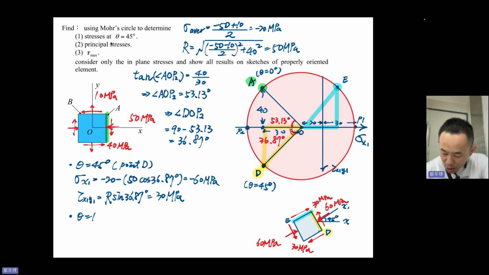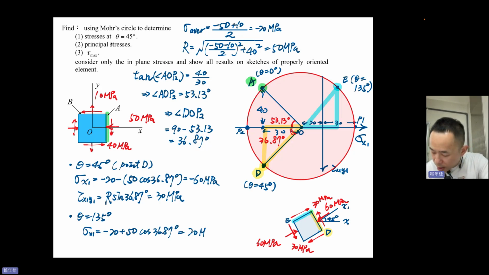Theta equal to 135 degrees. So sigma x1 equals minus 20 plus 50 cosine 36.87 degrees, 20 MPa.